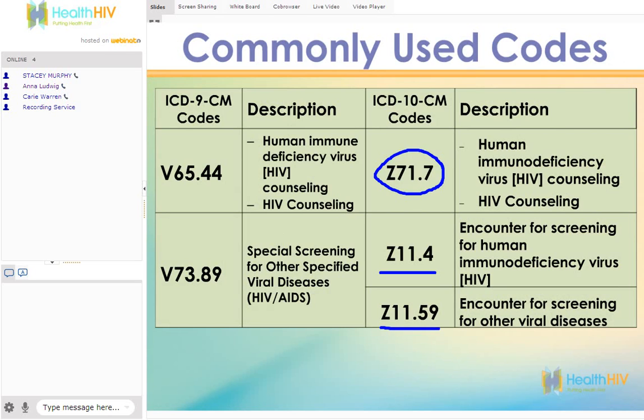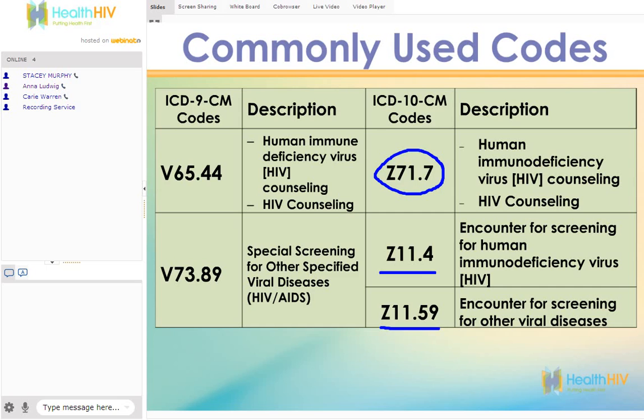So you can use the Z11 specifically for HIV screening, and if you're doing any types of screening for any type of other viral diseases that do not have their own specific code. Keep in mind, this old code V73.89 maps to two codes. But if you go to the code book, there may be other diagnoses, other viral conditions that have their own codes.